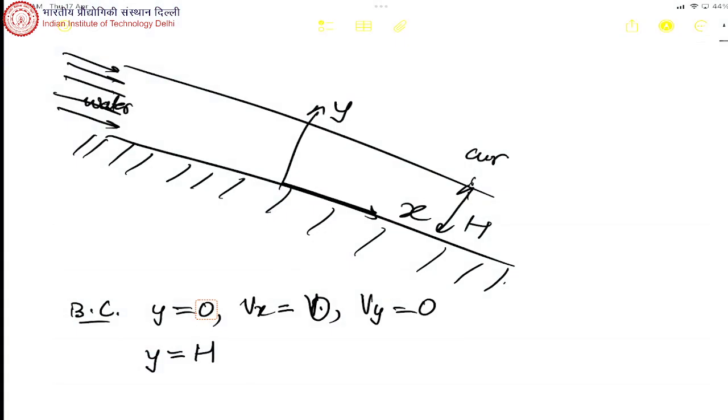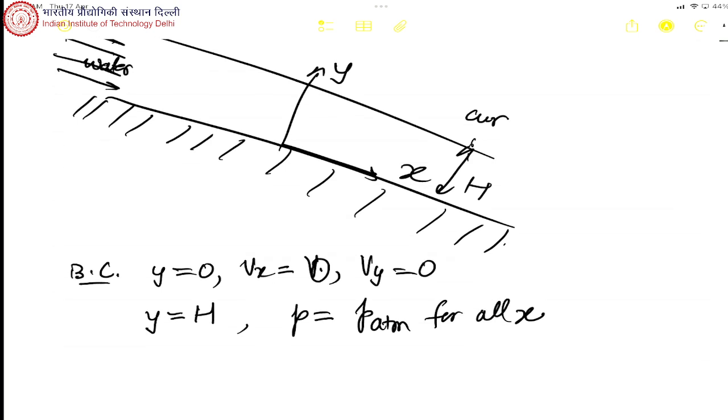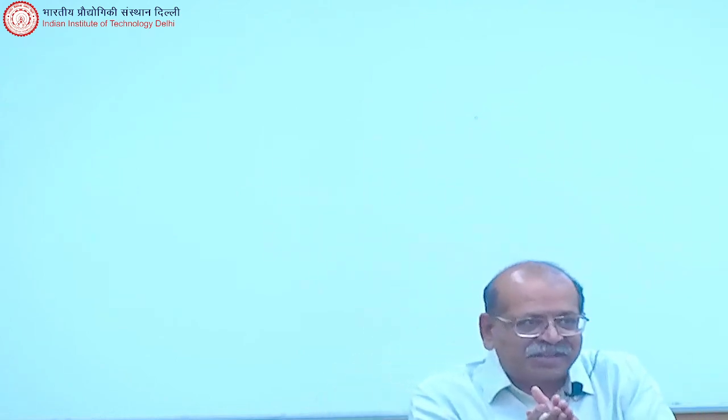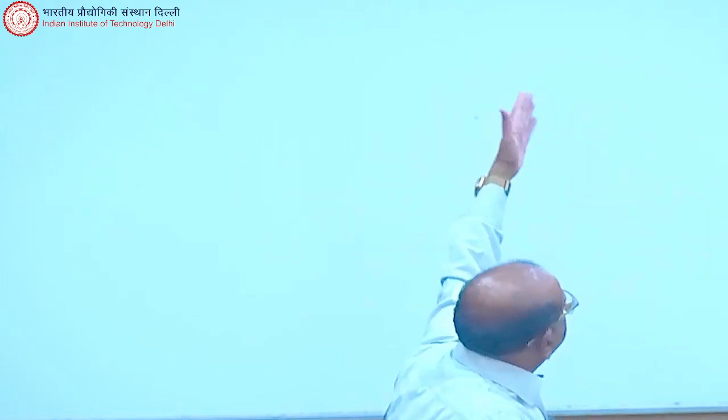So the boundary conditions will be, firstly, P is equal to P atmosphere for all x, and because this is a liquid-gas interface, shear stress there will be 0. Because pressure and gravity are there in both, you will once again get Vy equal to 0 from the continuity equation.